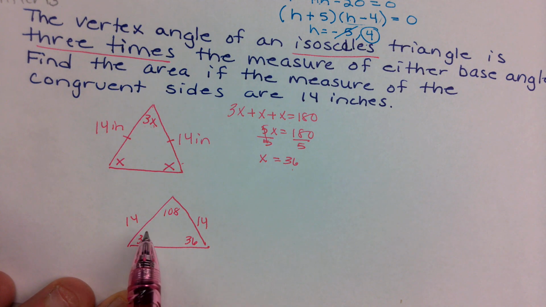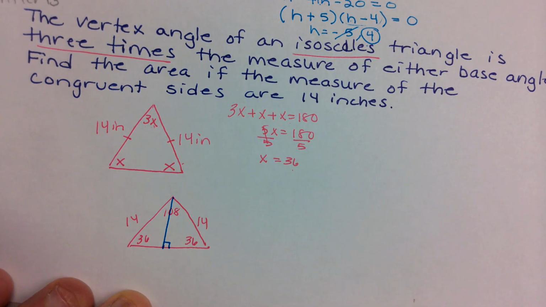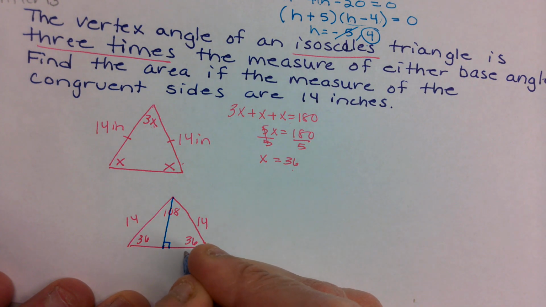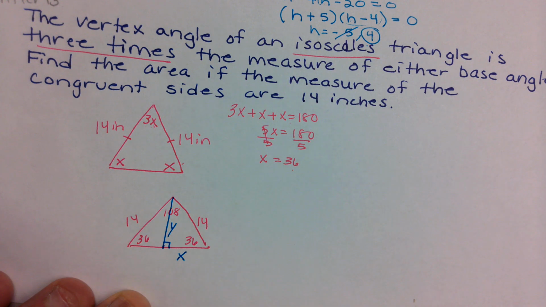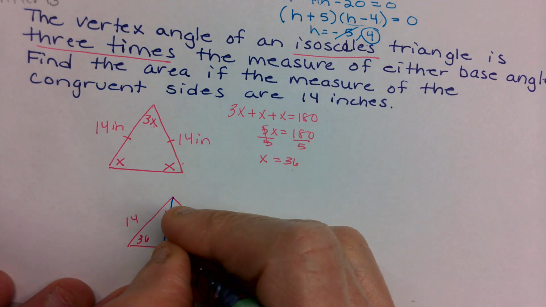Okay, it's not going to be helpful to go this way. We're going to work straight down, right there, because I know I can figure out using my functions what this is and what this is. So that's height.